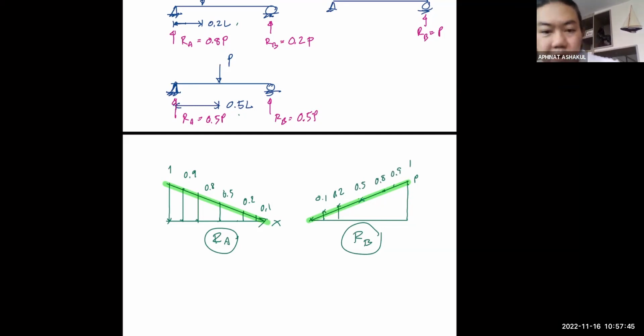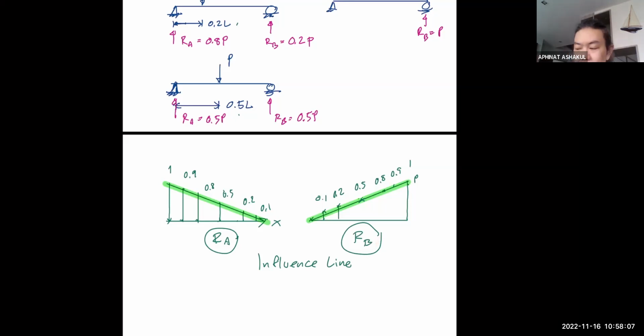Okay, so this, ladies and gentlemen, is what we call the influence line. And what you see now on the left side, this is the influence line of the reaction at A. This is the influence line of the reaction at B.